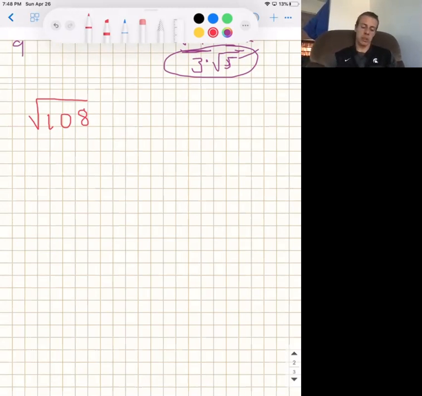So we're going to split this up just like before. We'll write a radical, and then write this as a multiplication statement, a product of two numbers. One of our numbers we want to be a perfect square. Again, our perfect squares are 1, 4, 9, 16, 5 times 5 is 25, 6 times 6 is 36, and we could keep going forever and ever, 64.